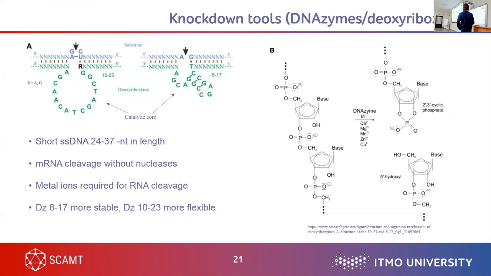Sorry, I'm not a good chemist, but in this way the phosphodiester bond will be detached from this end and attach to this end, and there will be self-cleavage. Therefore, RNA will be self-cleaved. So nucleases don't cleave it, but help the RNA to be self-cleaved.